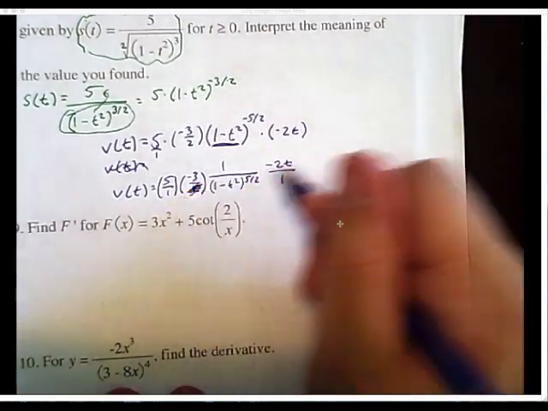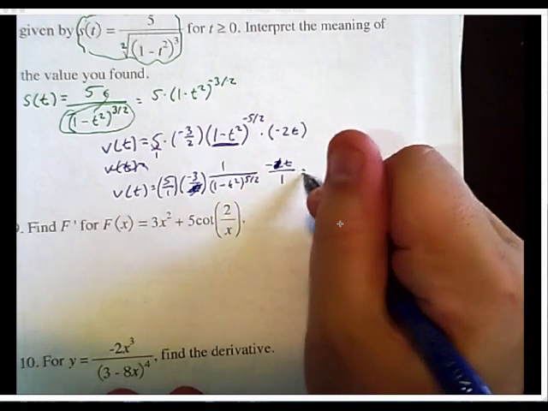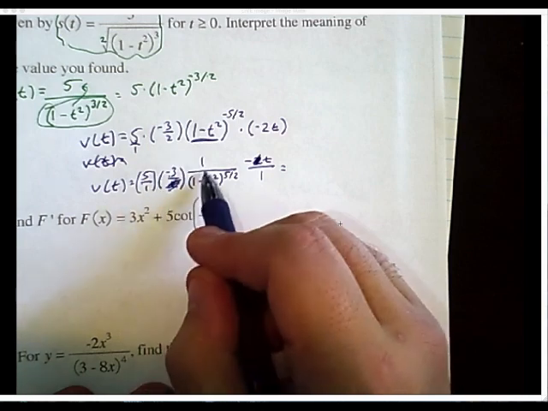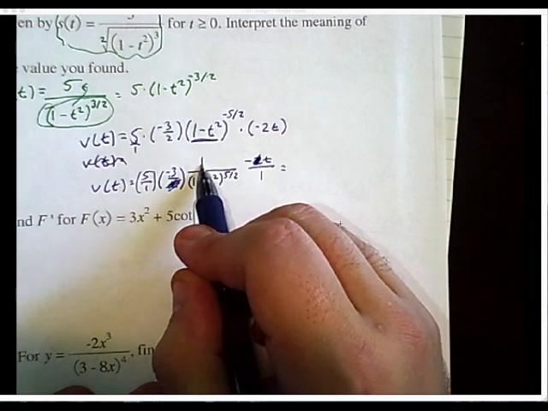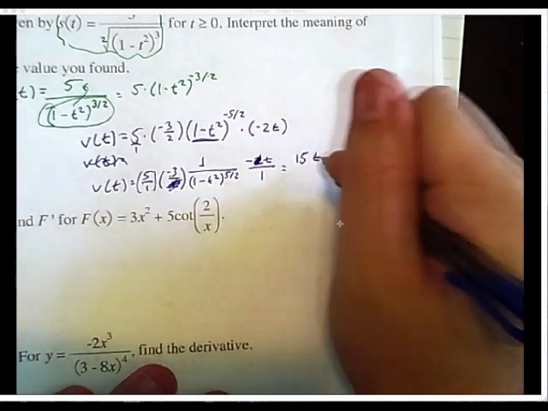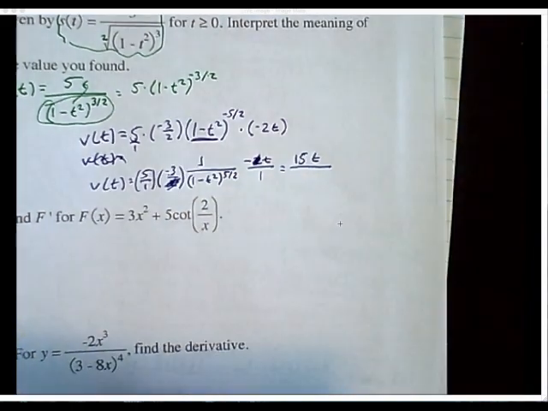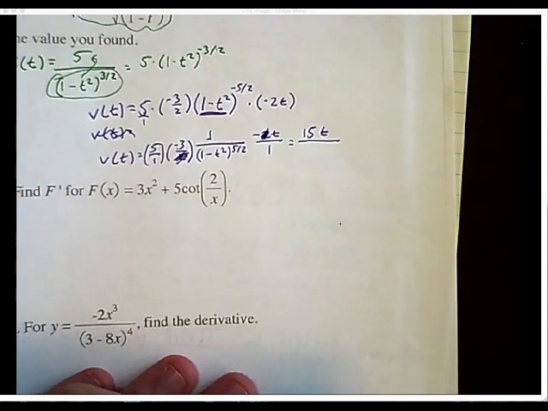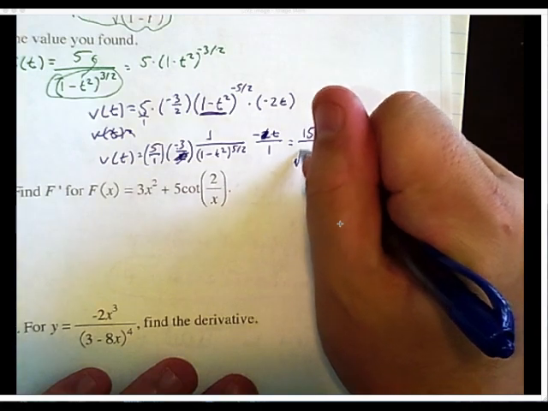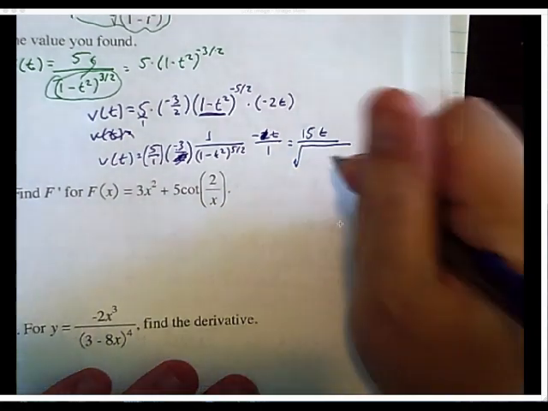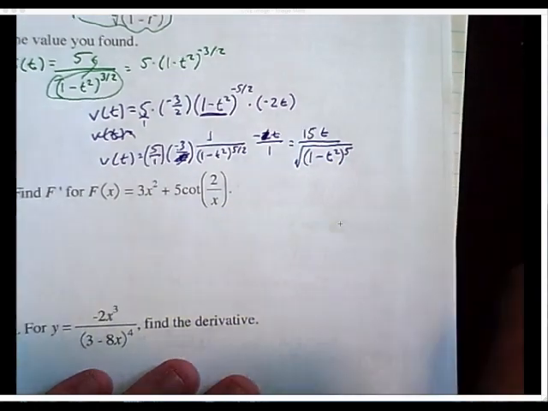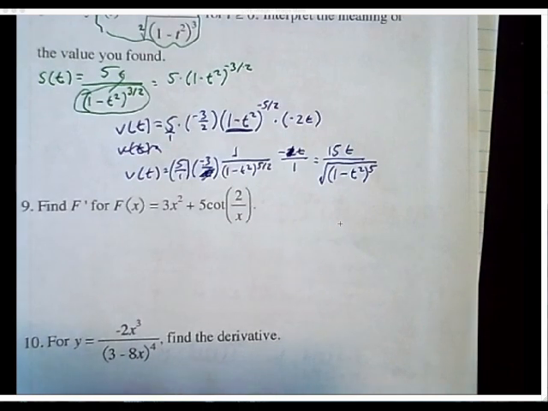So here, this 2 will cancel out that 2. 5 times negative 3 is negative 15 times 1 is negative 15 times negative t is positive 15t. And here, I can rewrite this as a big square root, 1 minus t squared to the 5th power. So that's the velocity function.